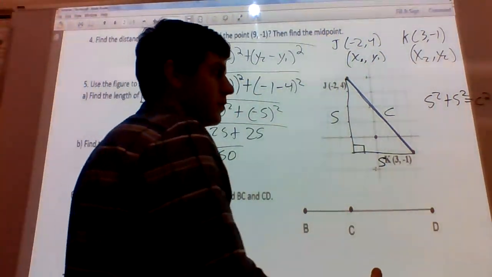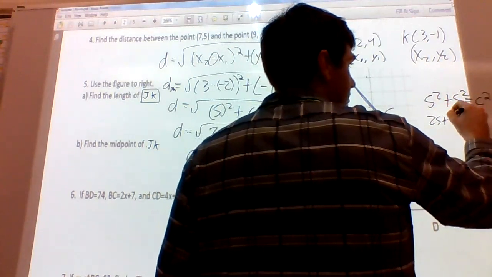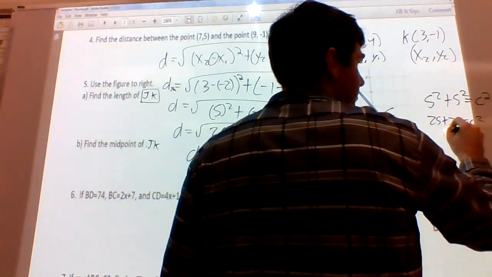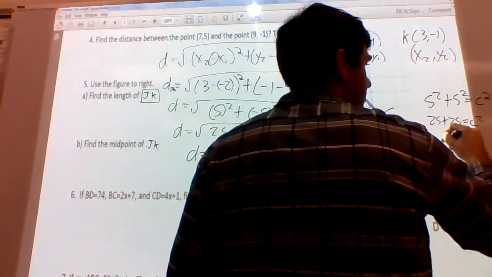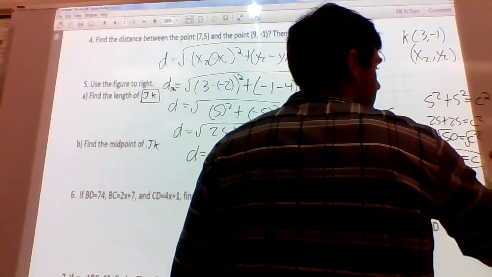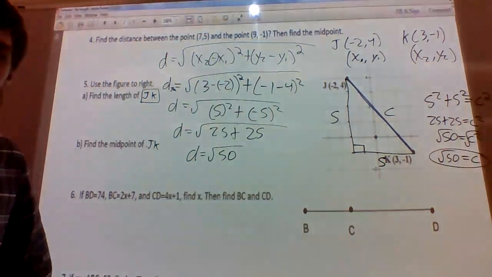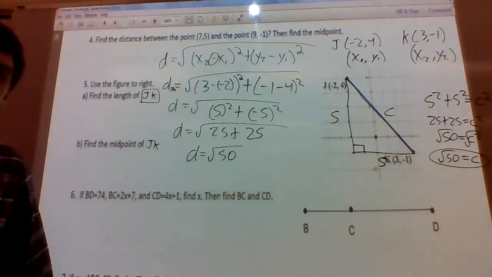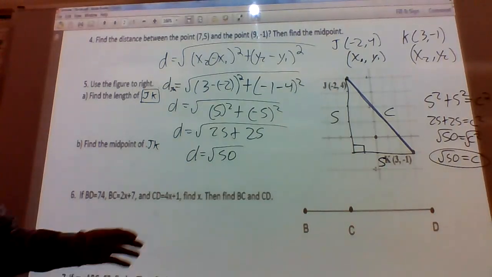Well, that's 25 plus 25 equals c squared. That's 50 equals c squared. Square root both sides, we get square root of 50 equals c.